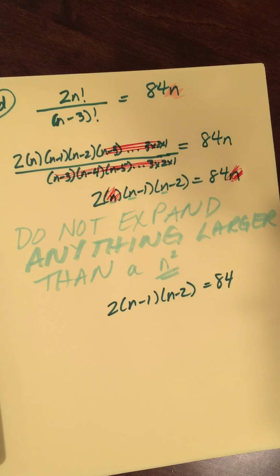I'm going to bring everything over to the left-hand side. I'm going to collect my like terms. So negative 2n minus 1n, positive 2 minus 42. And now I'm going to ask myself, can I factor this thing? Again, easy trinomial.